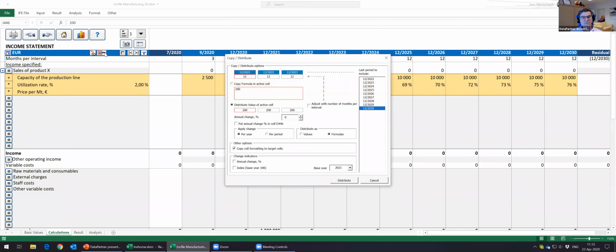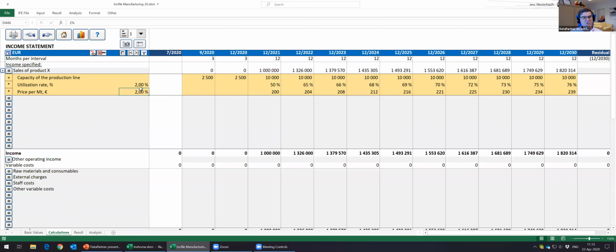So I just press one click and choose 2% growth and make it visible to the left and press distribute. When they show up here at the left, then they are also dynamic. Means if I change the number, like utilization rate would go 3%, then the numbers will change. So it's dynamic.